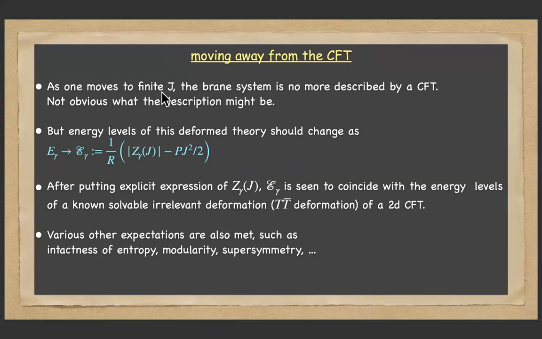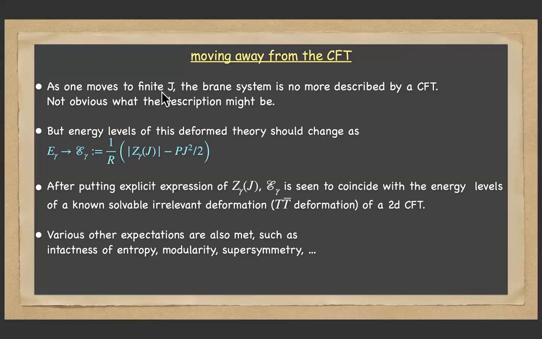If I come back to the picture, in this regime where we are still close to here, but G Newton is not negligible because J is finite. The first test, of course, would be whether it can reproduce black hole entropy. That it does, because to start with, the microscopic CFT explains black hole entropy. That's why we are talking about the CFT.